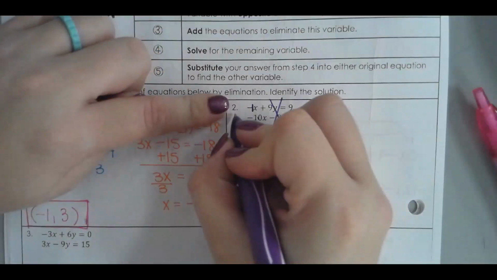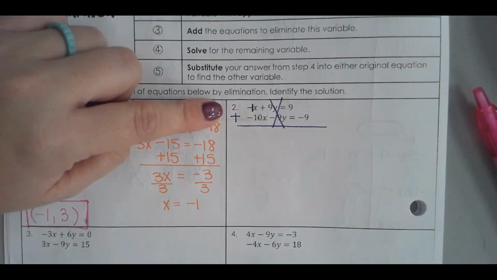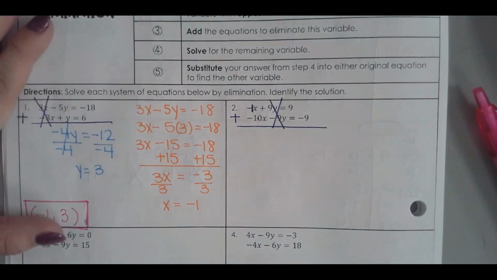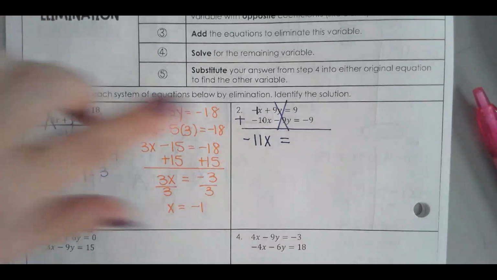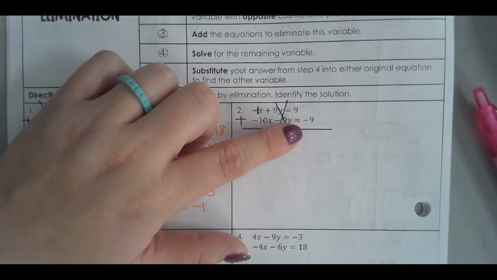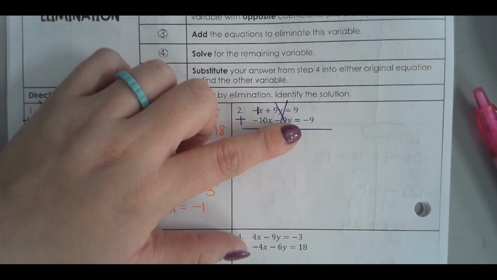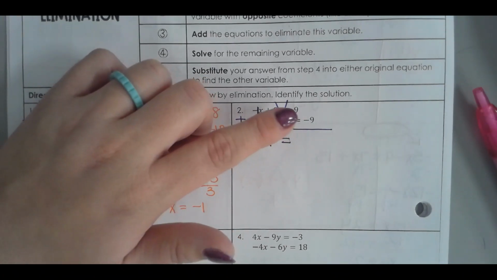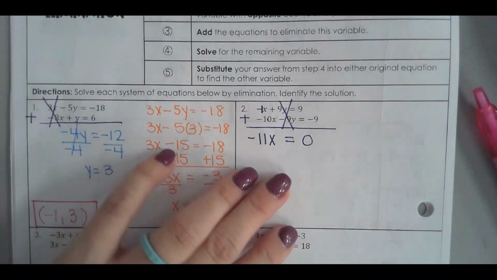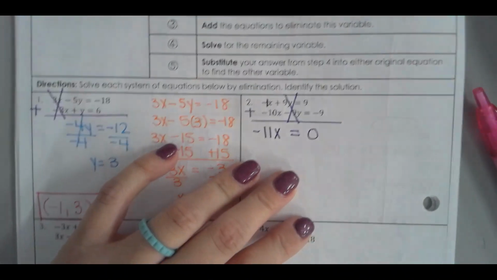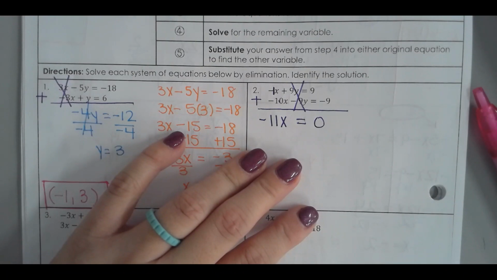What do I get when I add -1 and -10? -11x equals. Now when your plain numbers would cancel out, we actually want to put a 0 in there. So we want to have -11x equals 0.